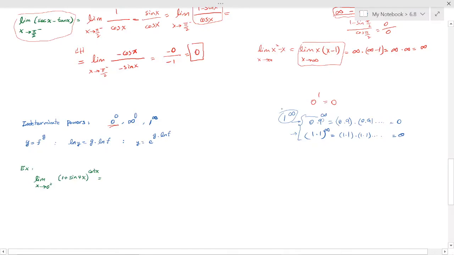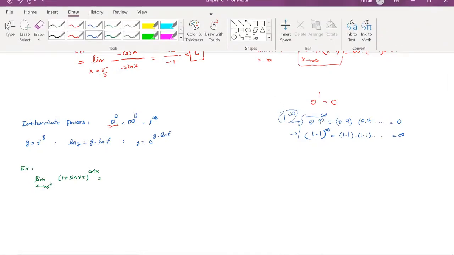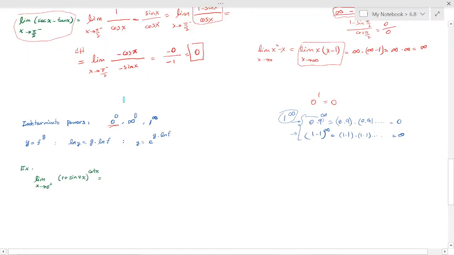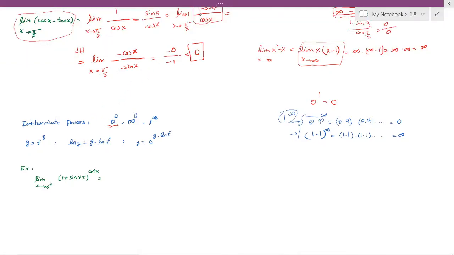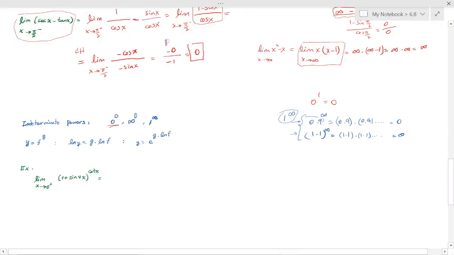Mostly, the idea is the same. So what is the idea? The idea is to use the ln trick that we learned to deal with the x to the power x derivative, or x to the power ln x derivative. So let's say we have y equals f to the power g.